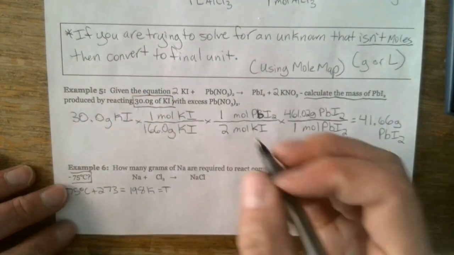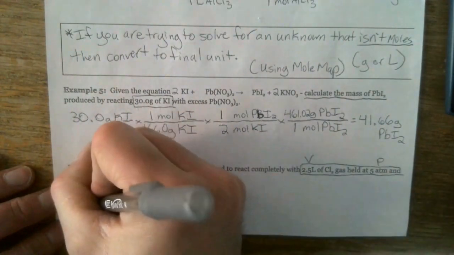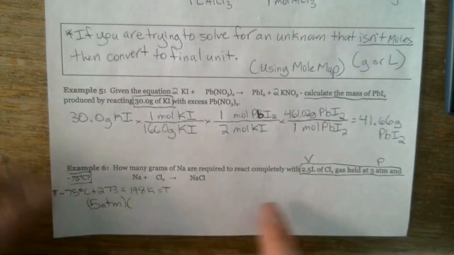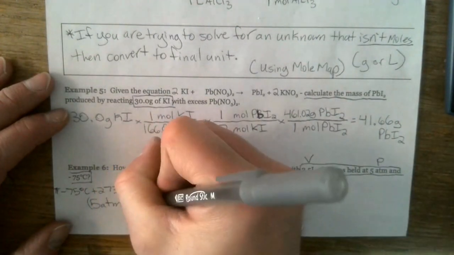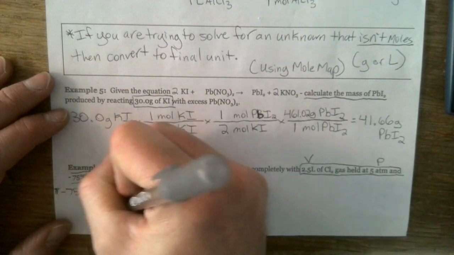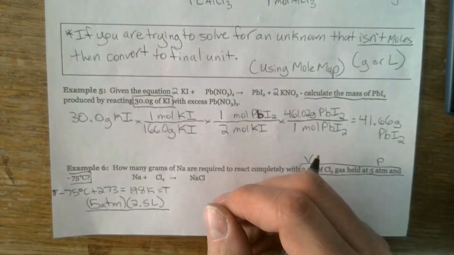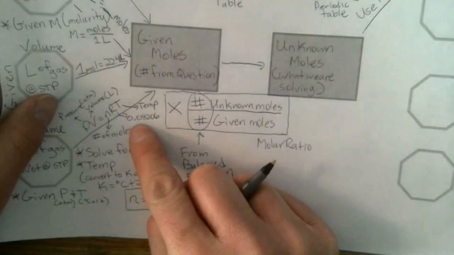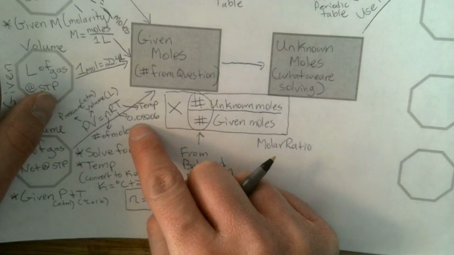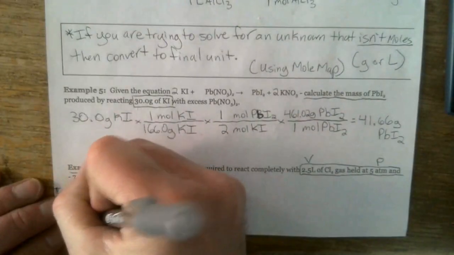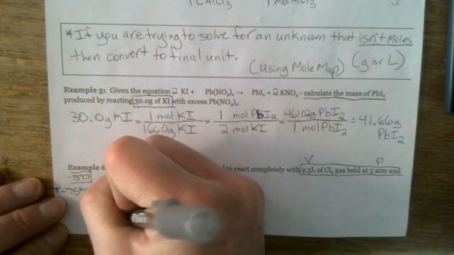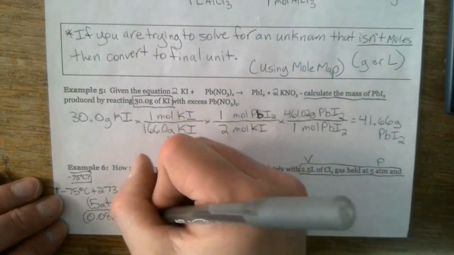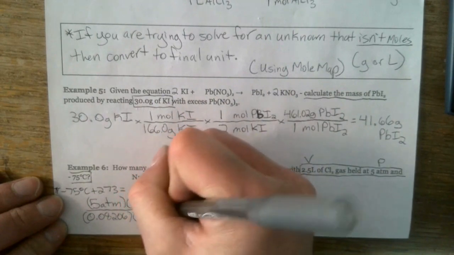PV, so that's the pressure, 5 atmospheres, times the volume, which was 2.5 liters, divided by RT. Your R value is 0.08206, and then multiply that by our temperature, which was 198 Kelvin.